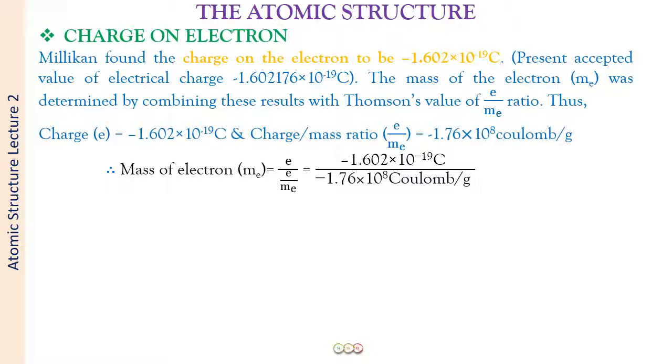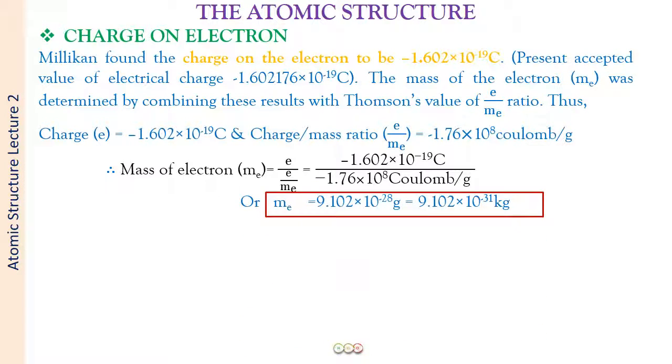So the mass of the electron would be the charge divided by the e/m ratio. You know both of them, so you can calculate the mass of the electron, and this came up to 9.102 × 10^-28 grams, or 9.102 × 10^-31 kg.